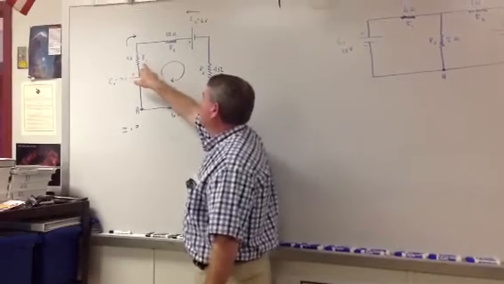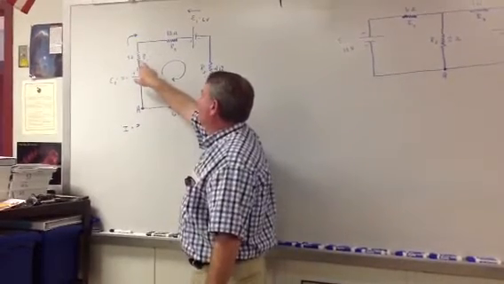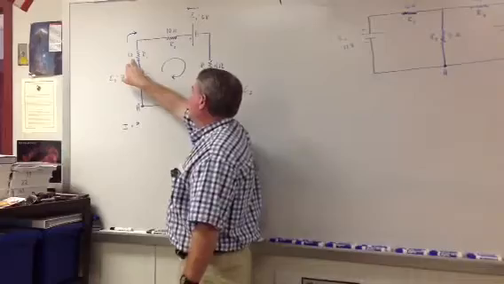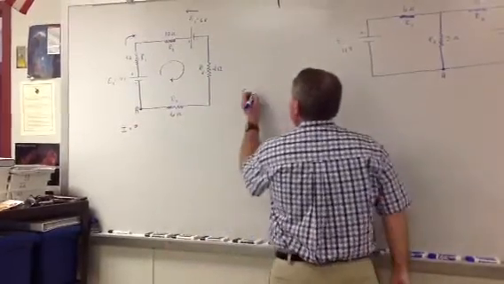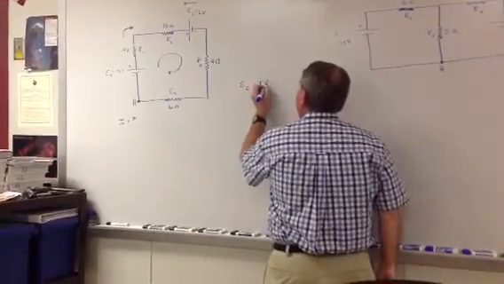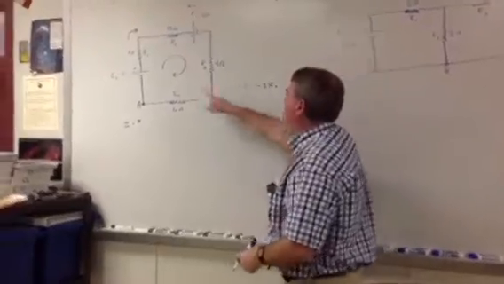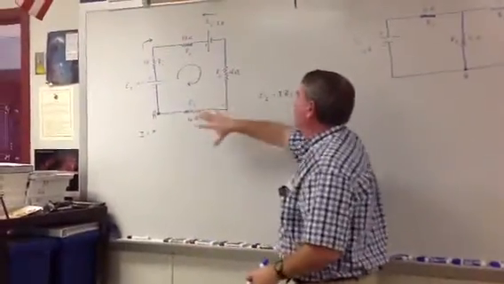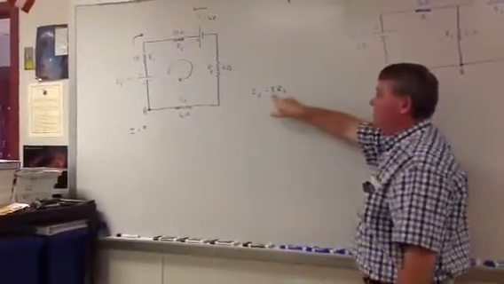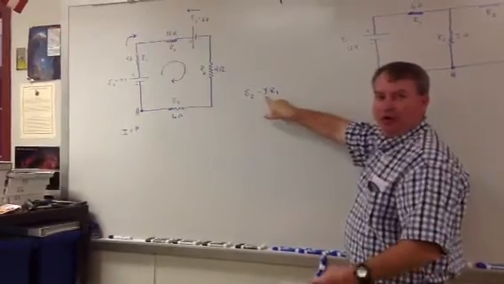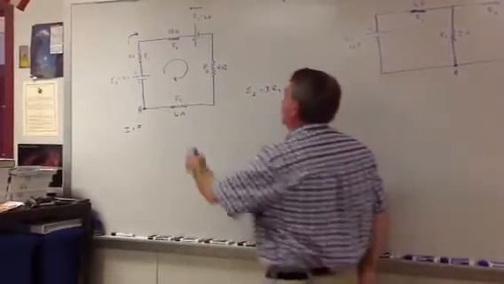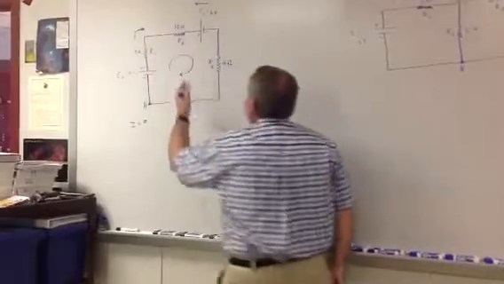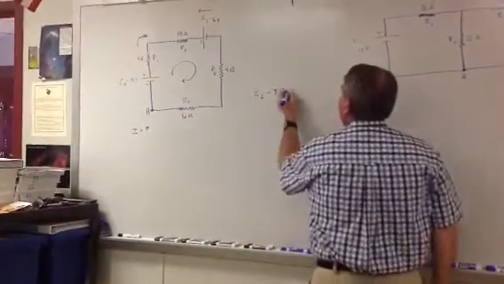Crossing the first resistor in the direction of the conventional current, that's negative IR1. We only have one current overall, the net current, so we just call it I. We don't have to call it I1 or I2. Crossing the second resistor, that's minus IR2.